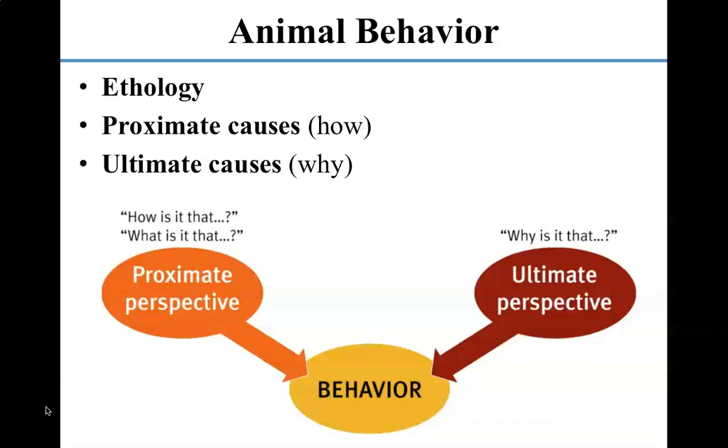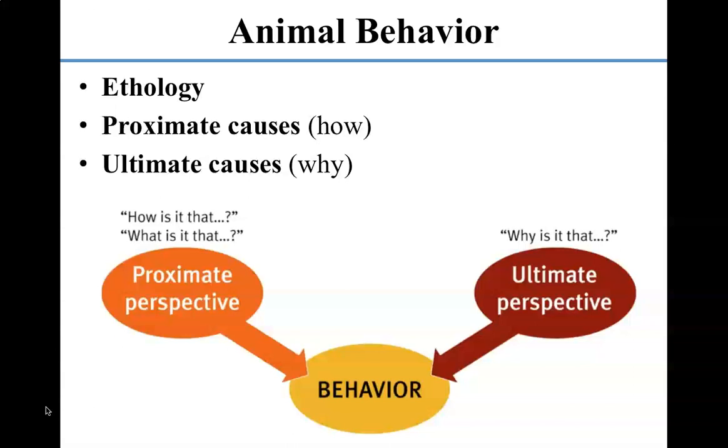What's going on? So as scientists practice ethology, they will often analyze behavior according to 2 categories: proximate causes and ultimate causes. Proximate causes of behavior focus on how the behavior happens.